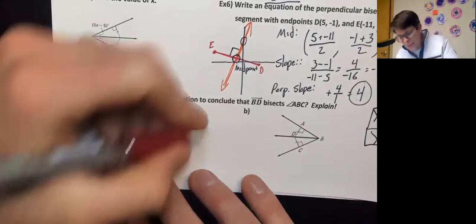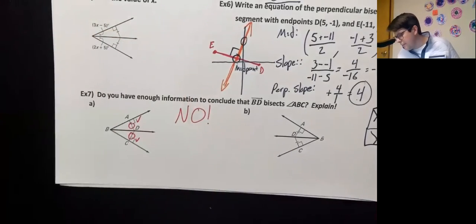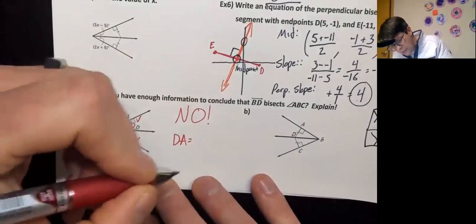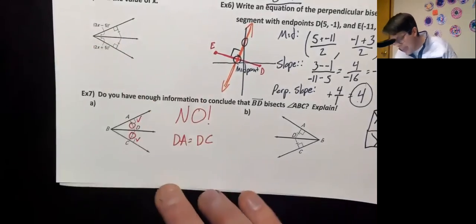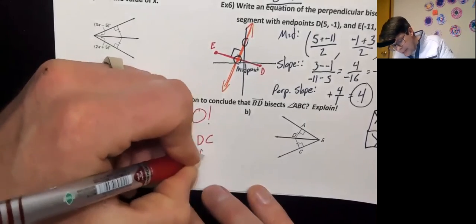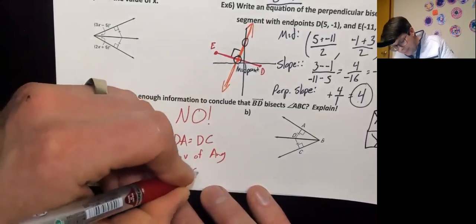And because of that, I'm going to say no, that's not a good perpendicular bisector. What I would really need is for DA to be equivalent to DC. And then I could use the converse of the angle bisector theorem, and I could get the job done.